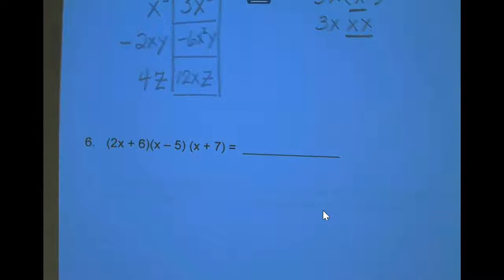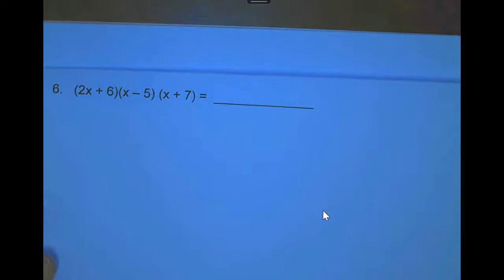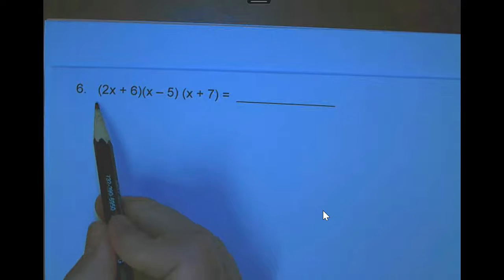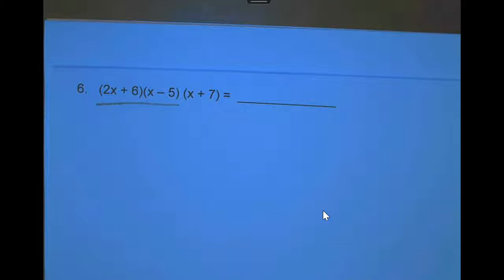On the next problem. What kind of problem is the next problem? How do you multiply 3 binomials together? Well, don't try to do it all at one time. You need to multiply 2 of your binomials together and get an answer, and then multiply it by a third.